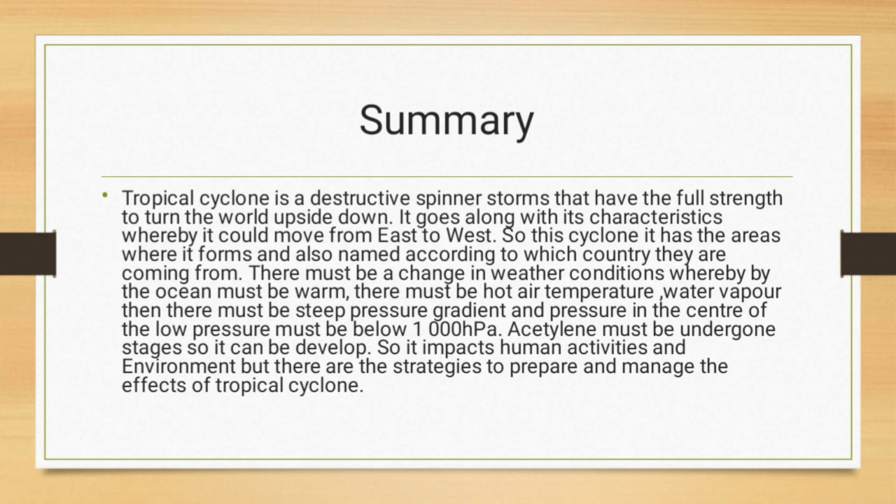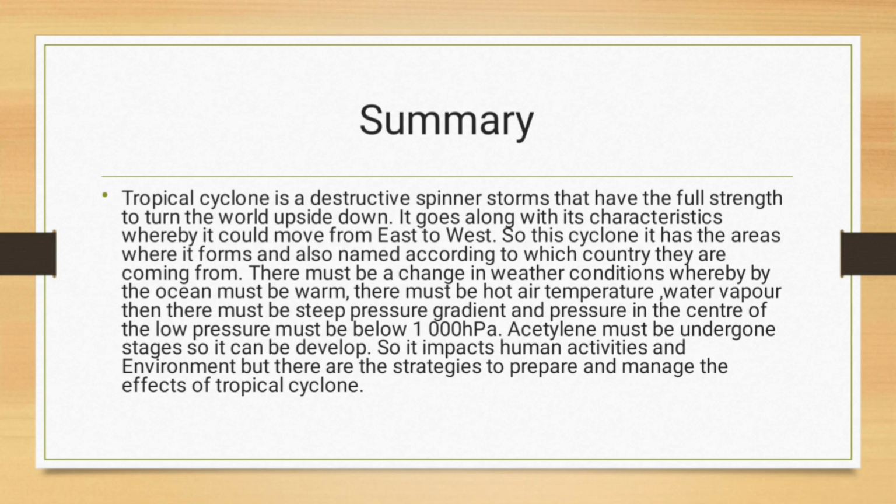There must be a change in the weather conditions whereby the ocean must be warm. There must be hot air temperature and water vapor. Then there must be a steep pressure gradient, and pressure in the center of the low pressure must be below 1,000 hectopascals so that the hurricane can develop.